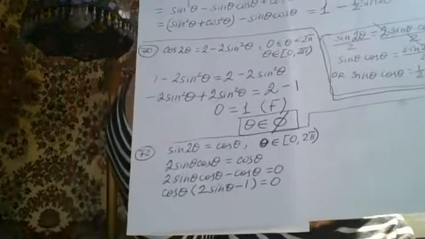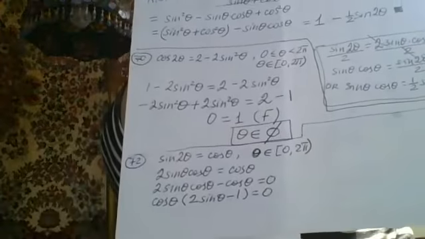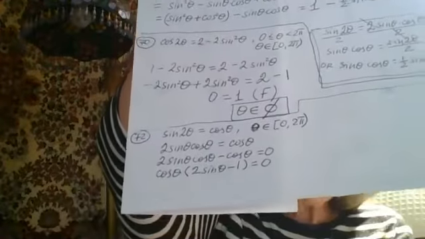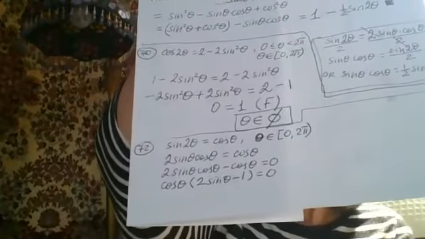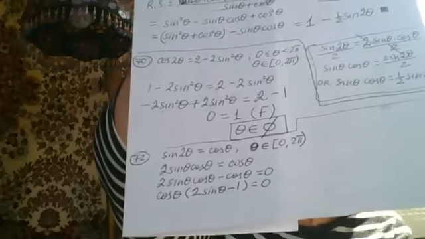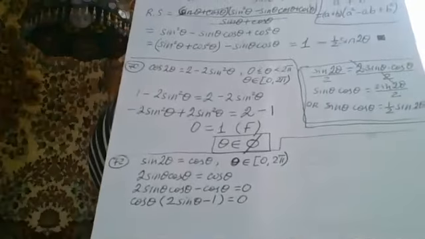And look what happened right now. We have right now 2 pieces multiplied by each other. One piece is cosine theta. The second piece is in that parenthesis, and their product is equal to 0.